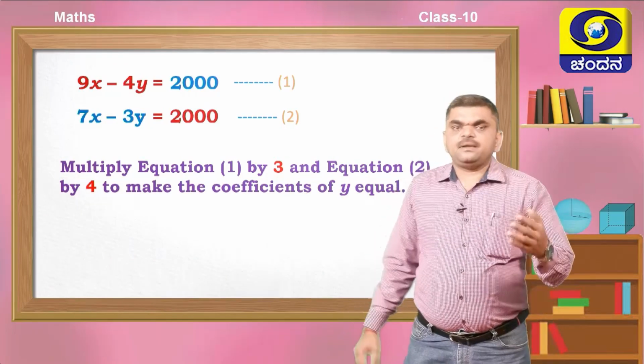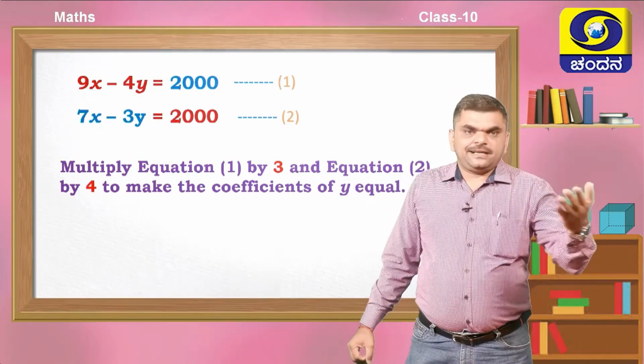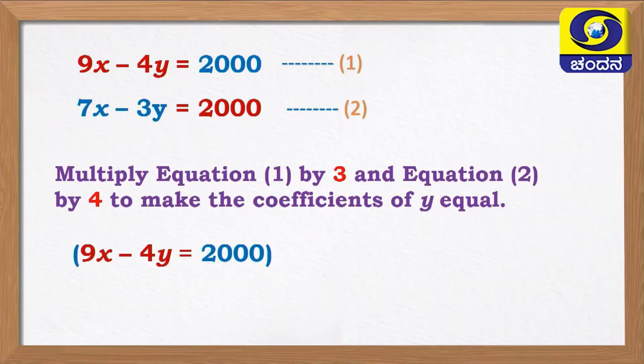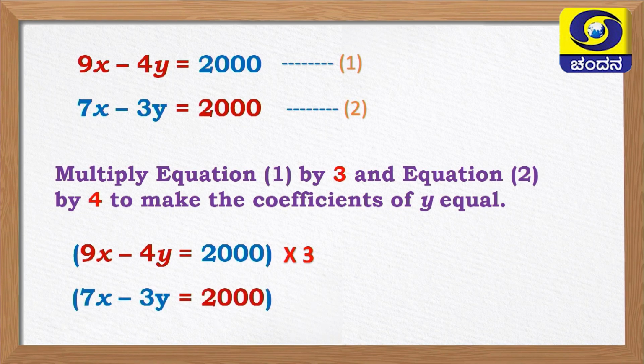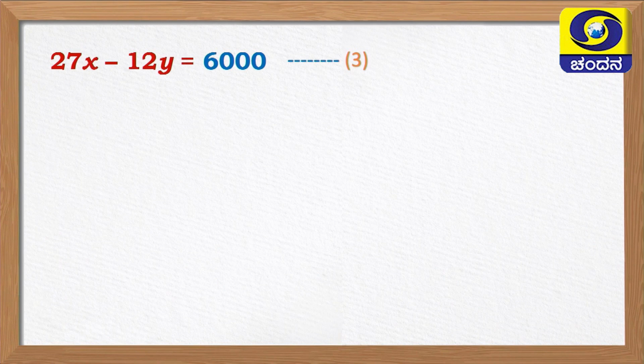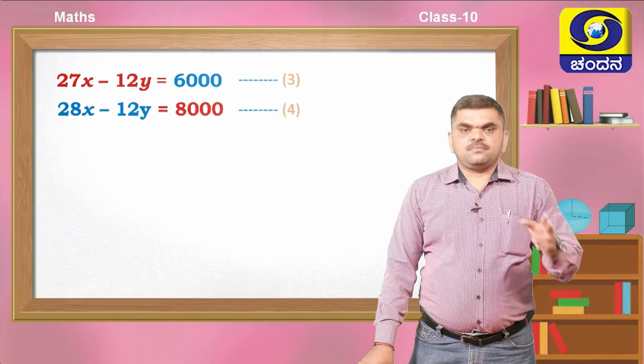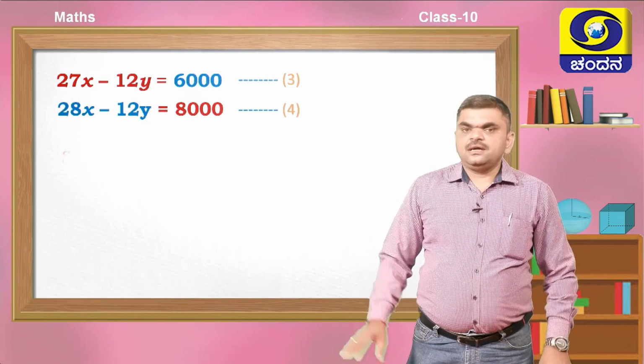When I multiply equation number 1 by 3, I get 9x minus 4y is equal to 2000 into 3, and the second equation becomes 7x minus 3y is equal to 2000 into 4. Then, multiplying both LHS and RHS, equation number 1 becomes 27x minus 12y is equal to 6000, and equation number 2 becomes 28x minus 12y is equal to 8000.